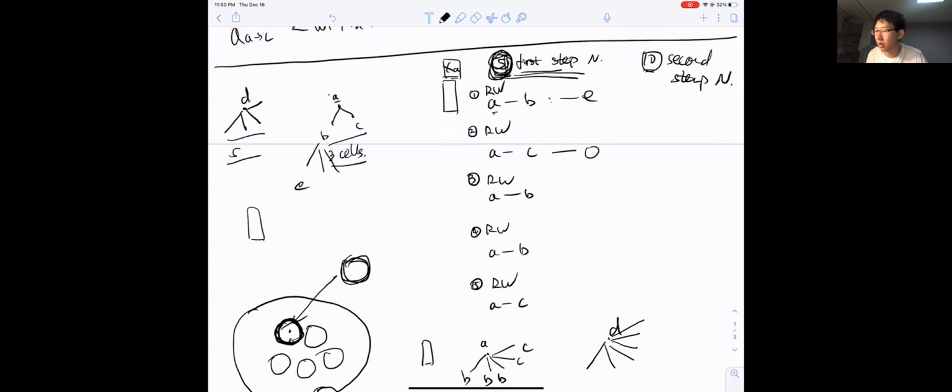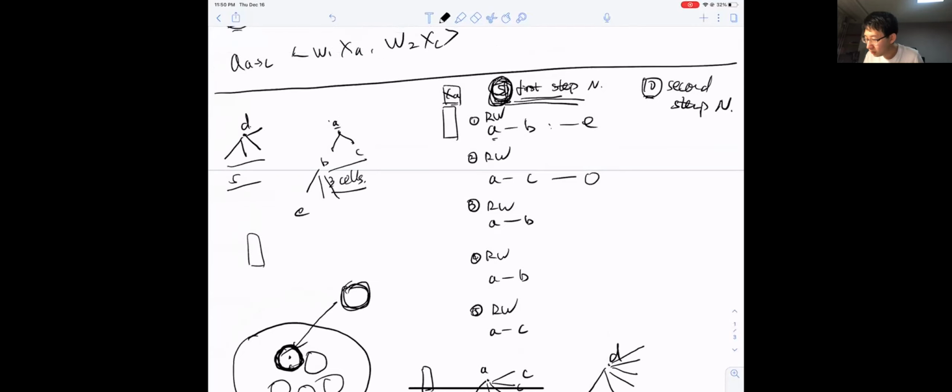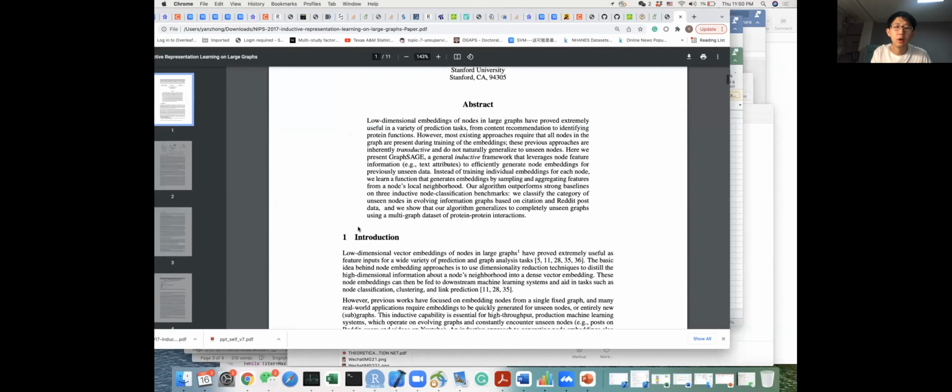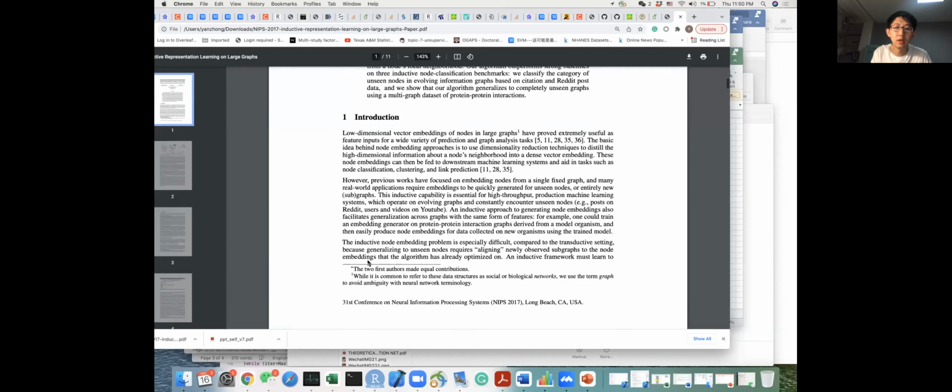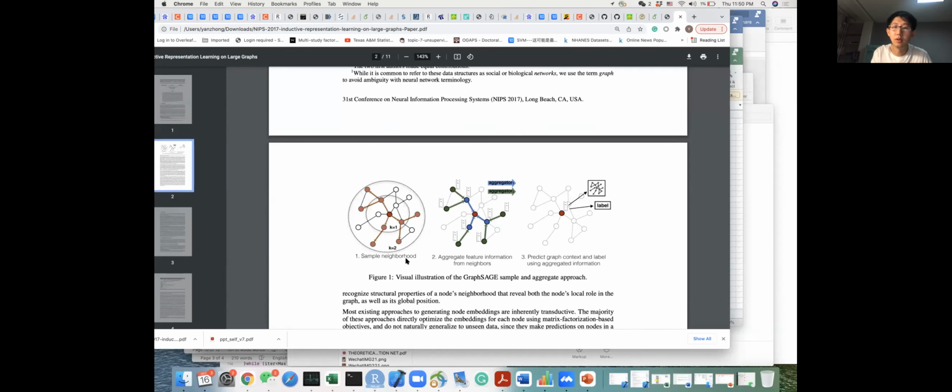In the paper, there are two important parameters you need to determine. One is the number of first-step neighborhoods you want to sample. We can go to the paper. Here you can see he just wants to sample the neighborhood.